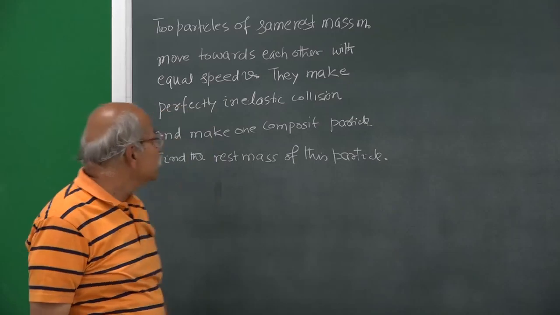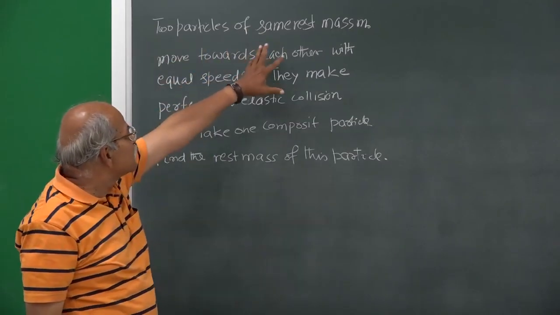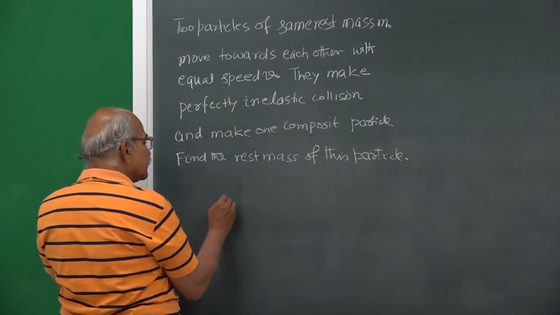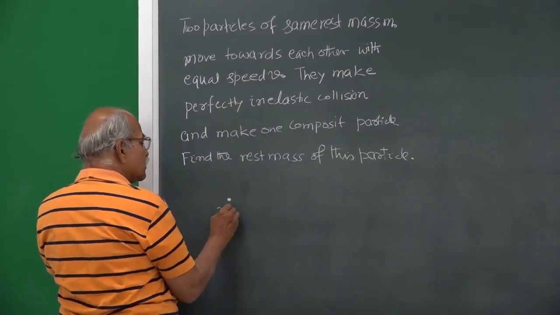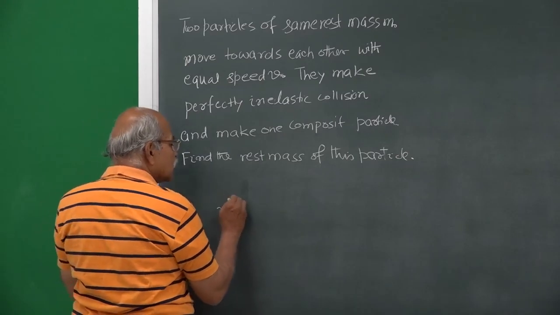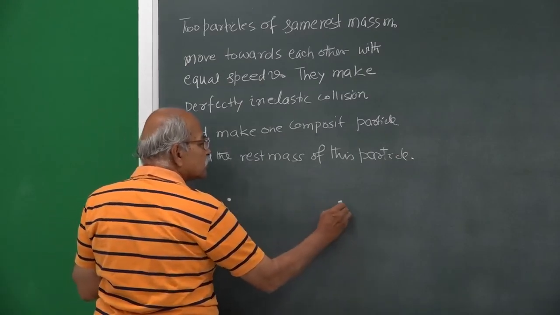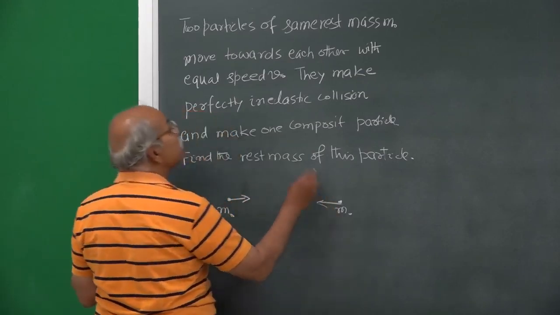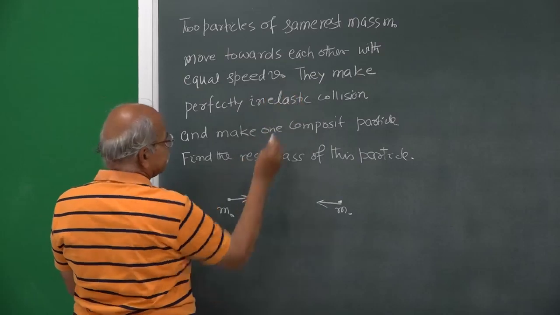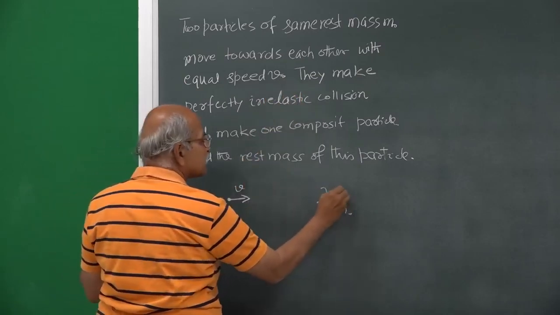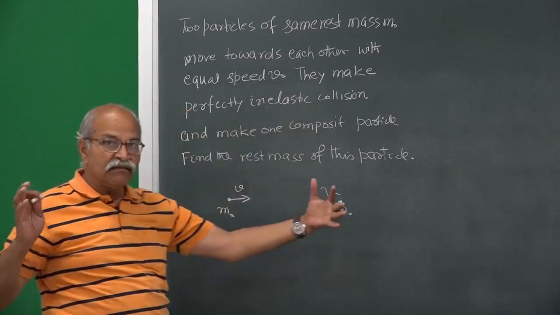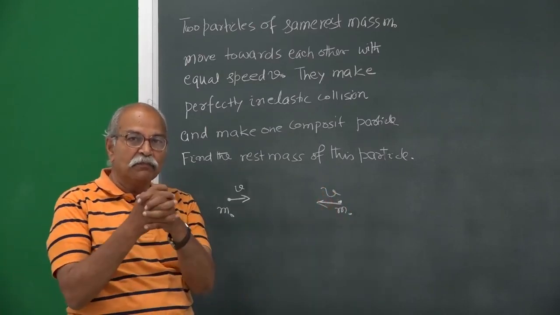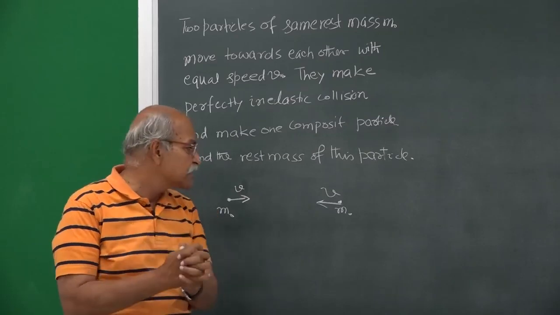So, what is the situation? Two particles of same rest mass m0 move towards each other with equal speed v. You have a particle here of rest mass m0, and another particle of the same rest mass, and they are moving with the same speed v. Then they make a perfectly inelastic collision, and the two combine to form one single composite particle.